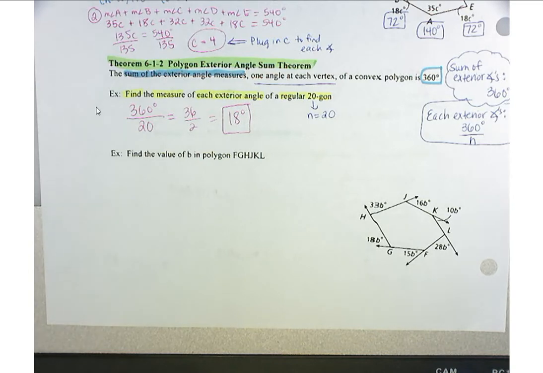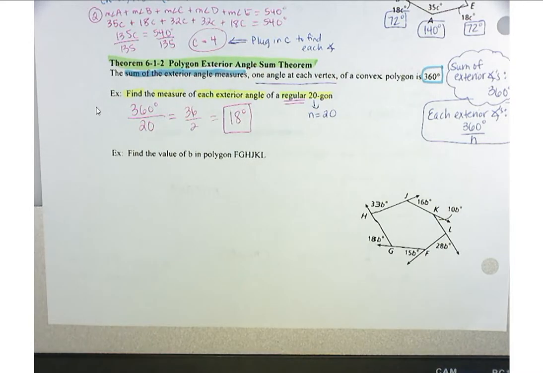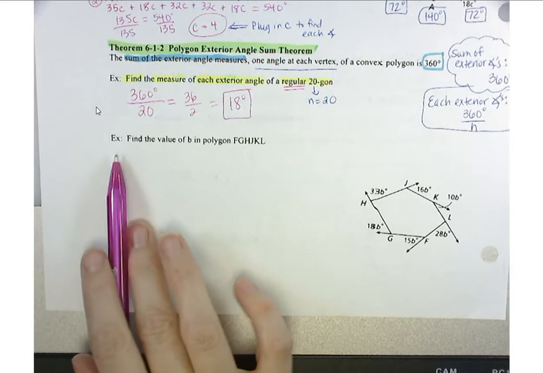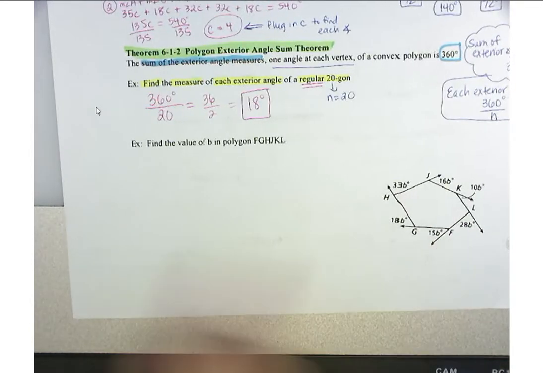Okay, and again, if it's regular, we know that each one is going to be the same. If it is not regular, they will give you a picture so you know what your proportions are.